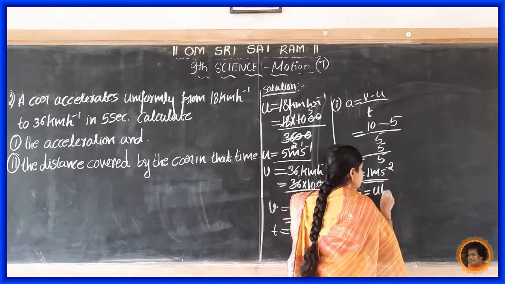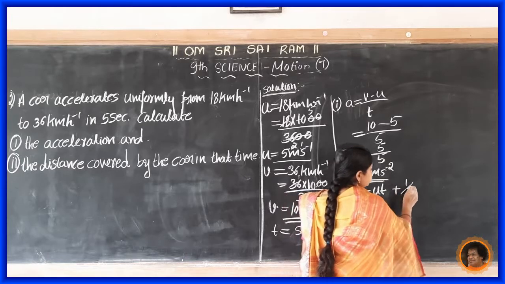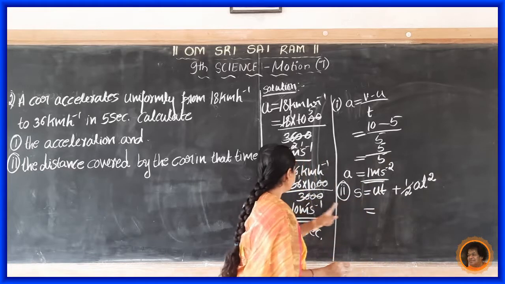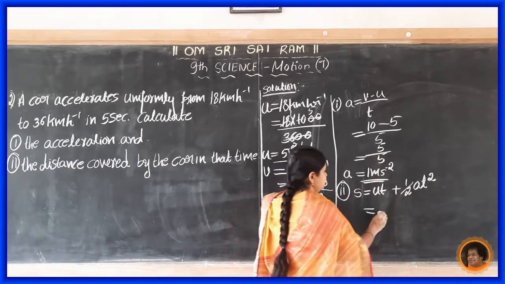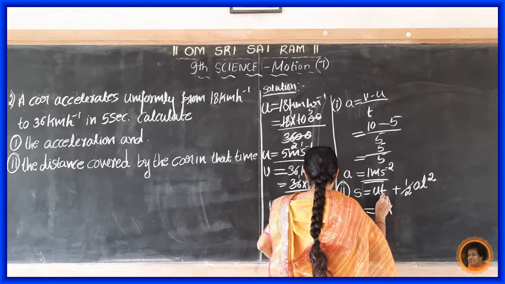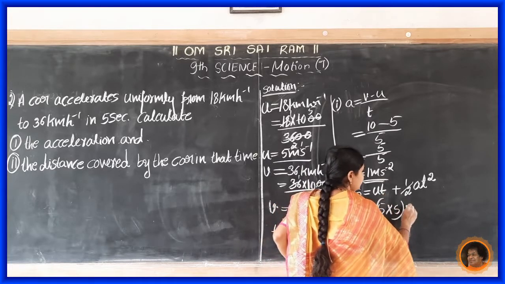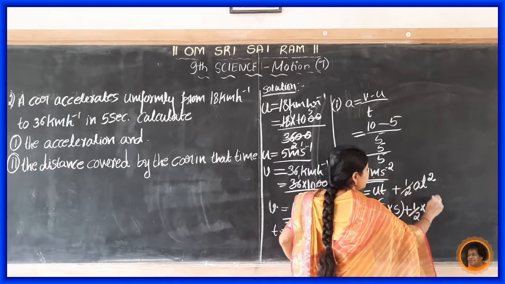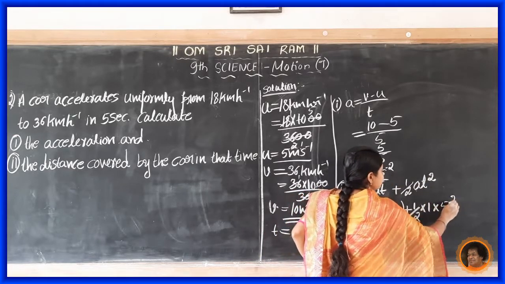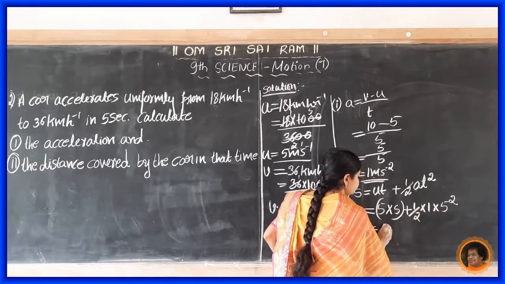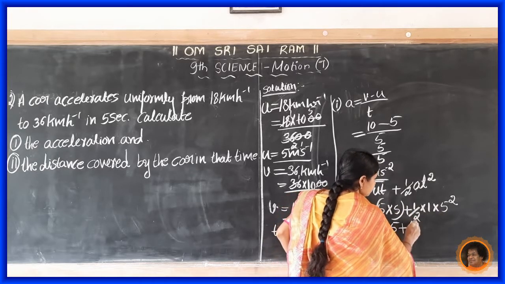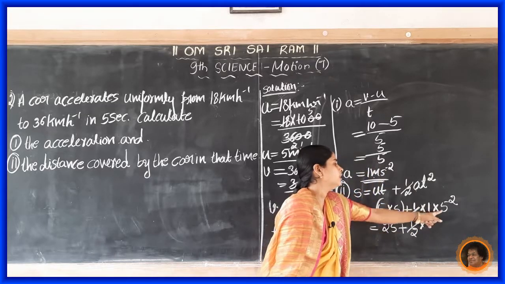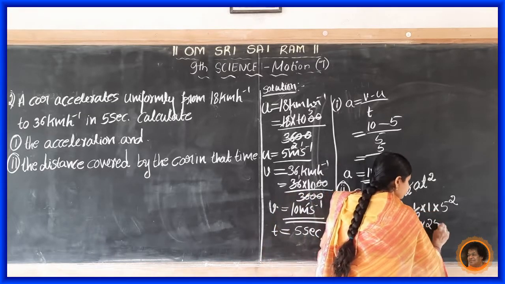S equals u, which is given here as 5, into t, 5, plus half into a, 1, into t squared, 5 squared. 5 fives are 25, plus half into 1 into 1, 1, then 5 squared equals 25.